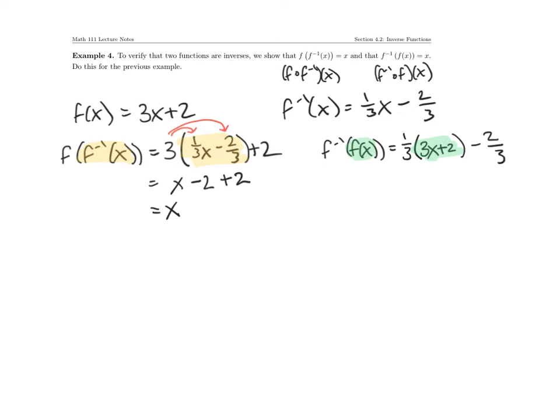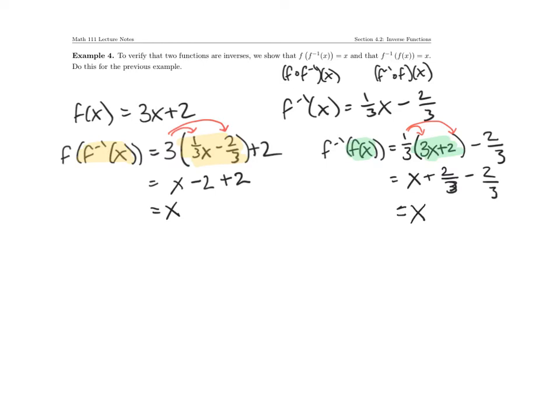If I distribute this 1/3, I get 1/3 times 3 is just 1, so that becomes x. 1/3 times 2 becomes 2/3. When we're subtracting 2/3, 2/3 minus 2/3 goes away, and we're just left with x.